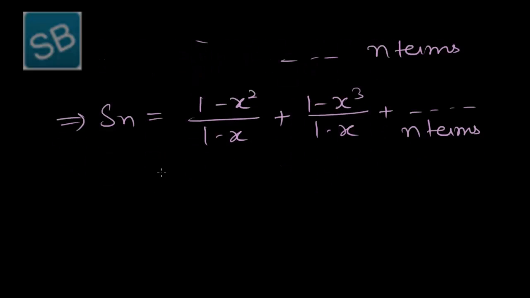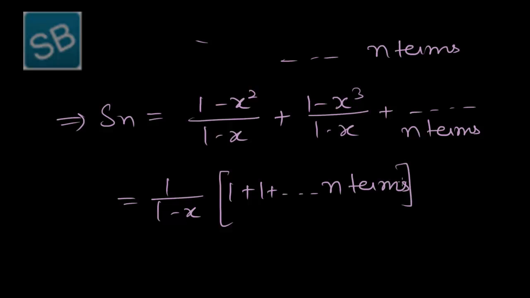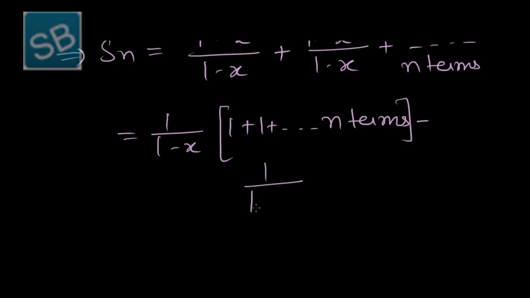So again, if we see, we get 1 over 1 minus x in the bracket 1 plus 1 up to n terms, and minus 1 over 1 minus x in the bracket x square plus x cube up to n terms.